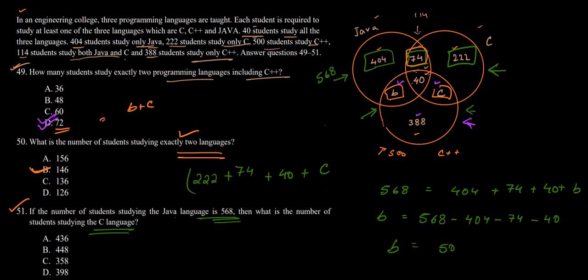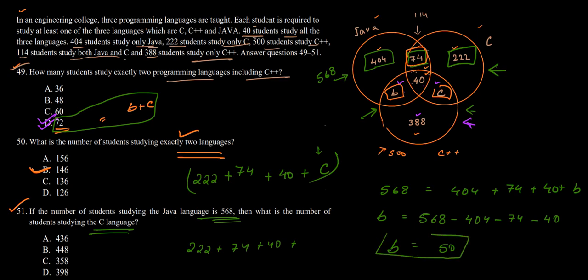So basically this will be our correct answer, but we do not know the value of C yet. So from here we can say that we have 222 plus 74 plus 40 plus C. As you can see over here, we have 72 equal to B plus C. So B plus C is 72, and we have found the value of B, which is 50.